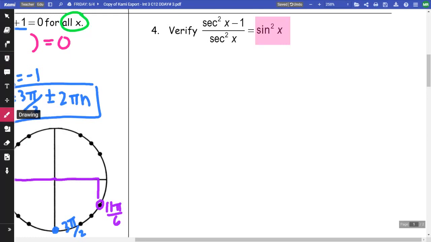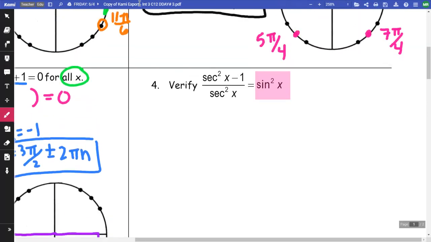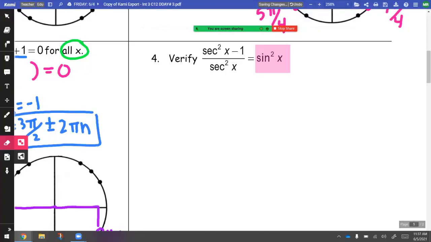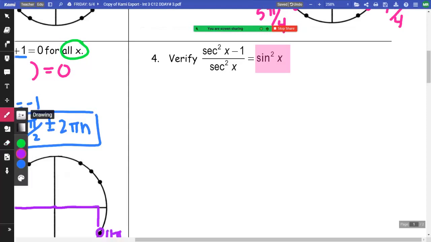I noticed that I have a sine squared on the other side. There's a couple of ways I can think about doing this problem. You could rewrite your secant squared x's as 1 over cosine squared x's. That's one way to do it.